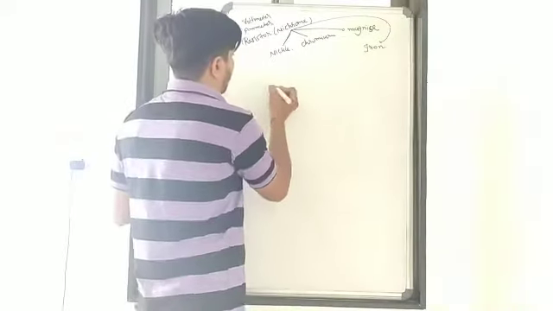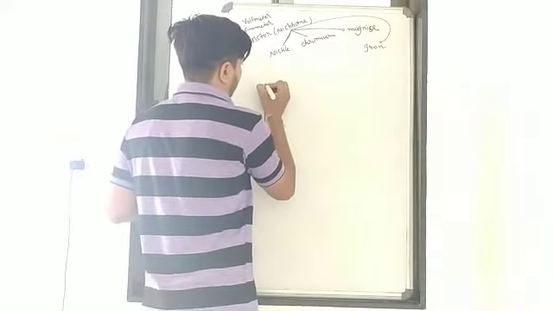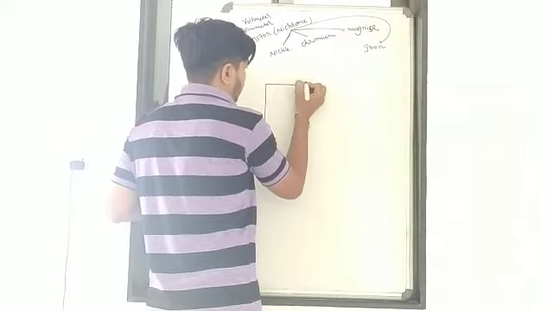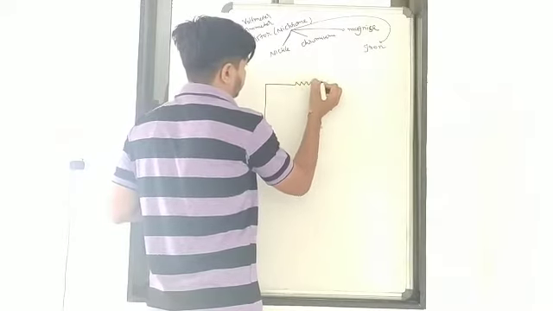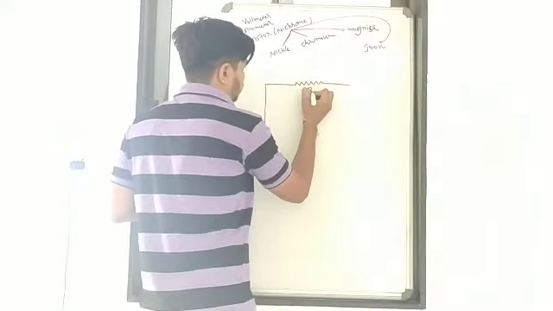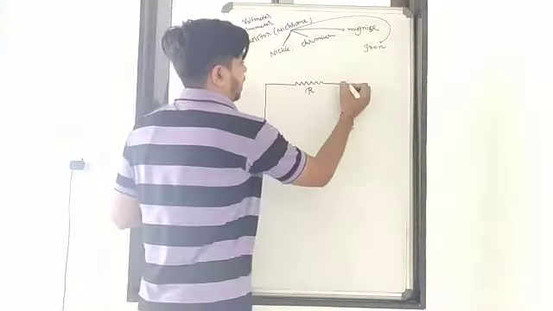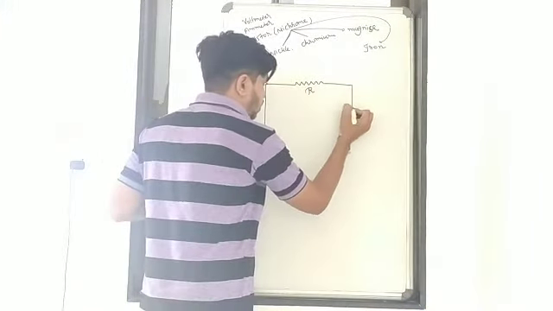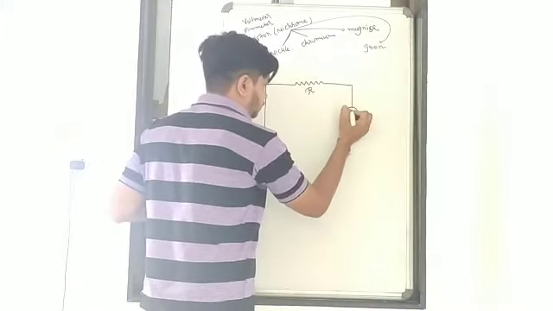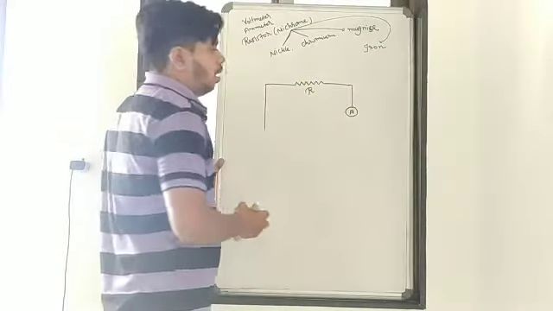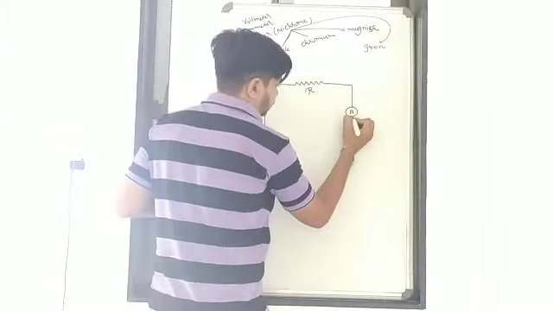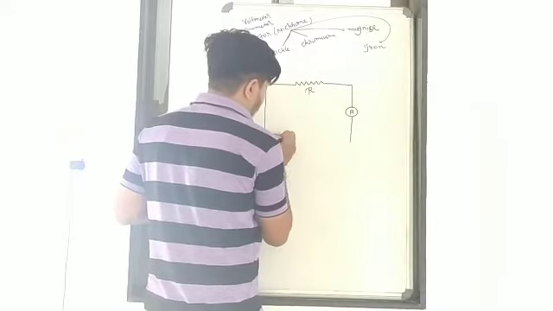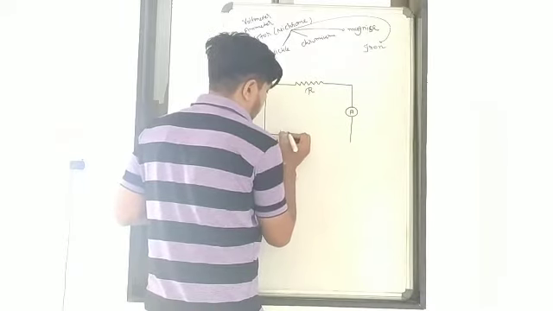Understand? So here we are using a circuit in which there is one nickel wire. The resistance is R, right? Here it is the ammeter. Here it is the variable battery.